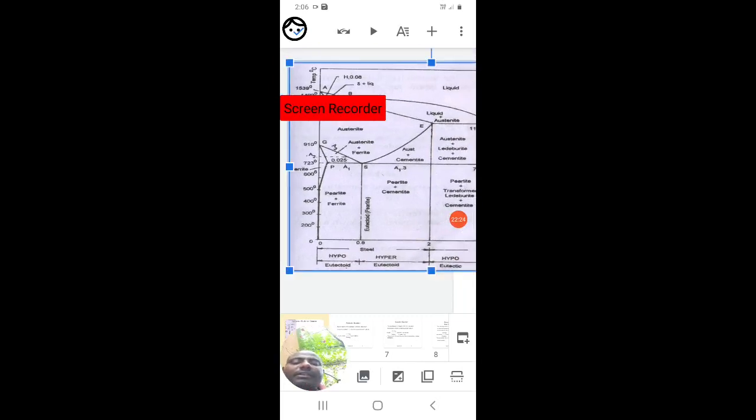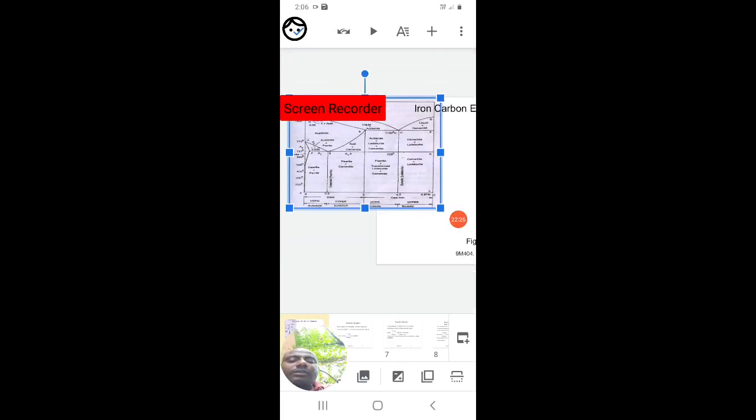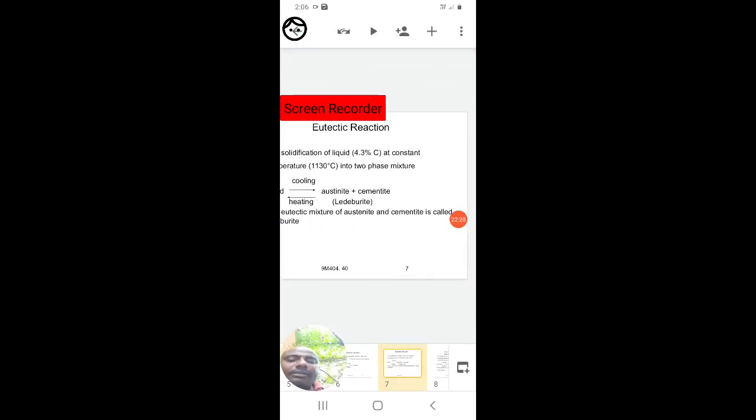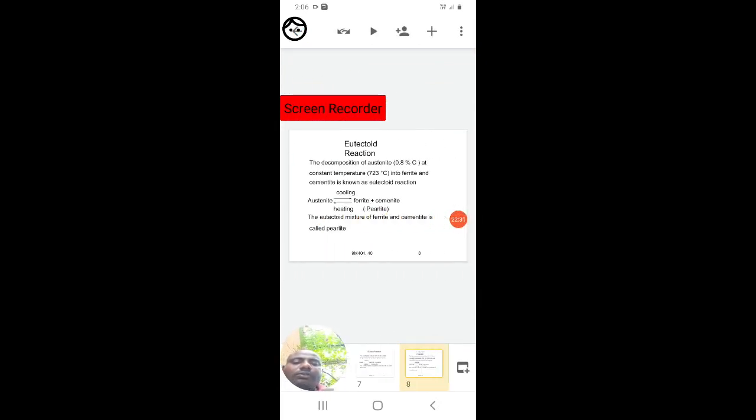This is a very important reaction, called the eutectoid reaction.